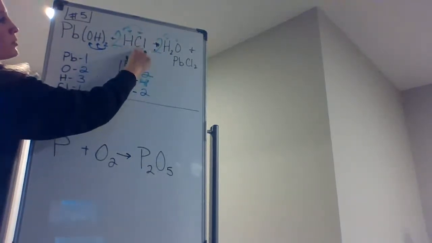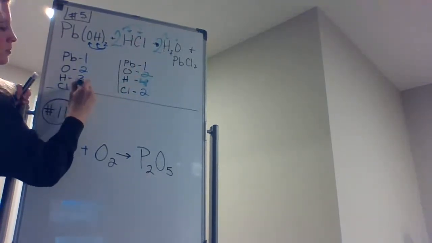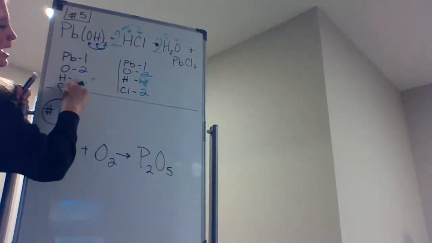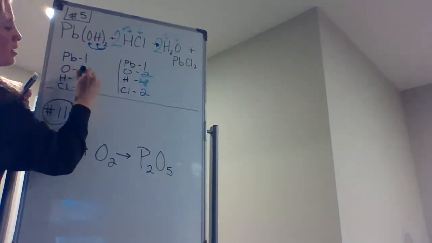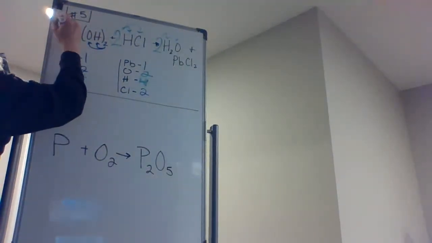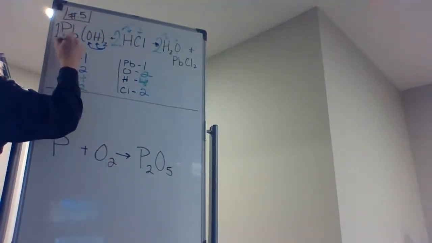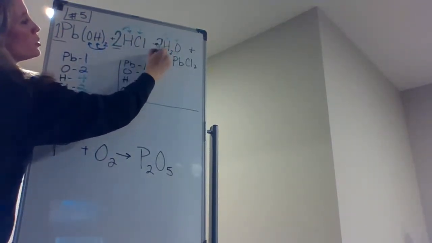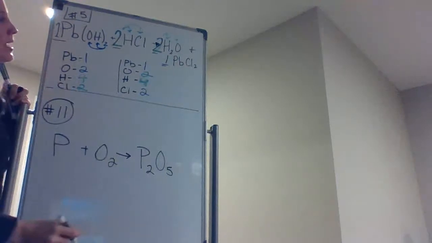The Cl, 2 times 1 is 2. Chlorine becomes 2. This is a 2 plus the 2 I already had, makes it 4. And now my answer is finished. Okay, if I didn't touch anything, I can put a 1 in front of it. So I have 1, 2, 2, and 1 as my answer.